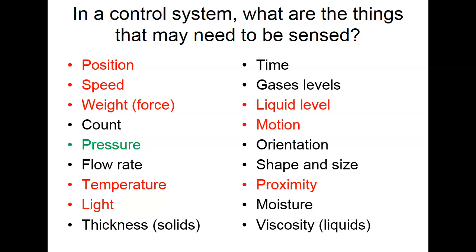We're not going to go through all of these; there's just not enough time in the semester. We're going to look at pressure, then flow, and maybe get some time to look at how we can sense orientation and shape.